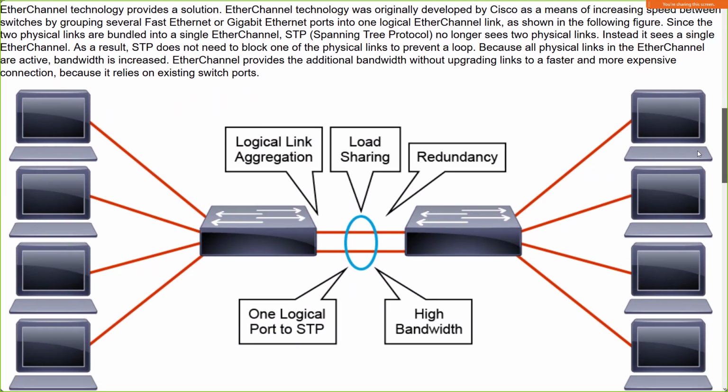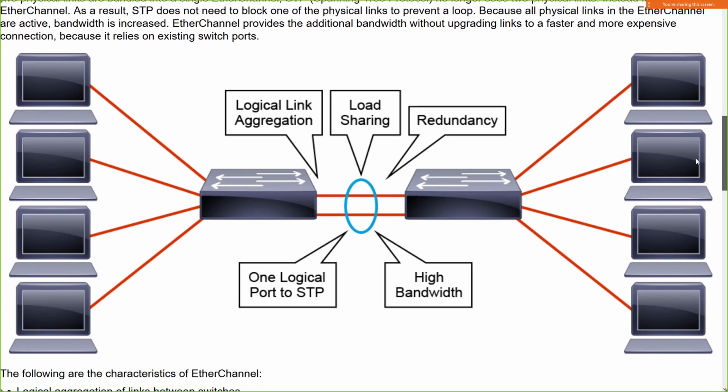Cisco uses the term Etherchannel to describe that. Other vendors might use link aggregation, port aggregation, link bonding, or whatever. But the idea is that we're taking multiple interfaces and bonding them together so that they look like one logical interface. And spanning tree recognizes them as a single logical interface as well.